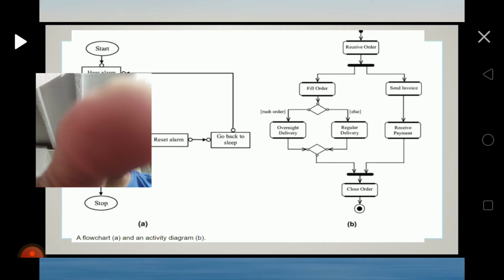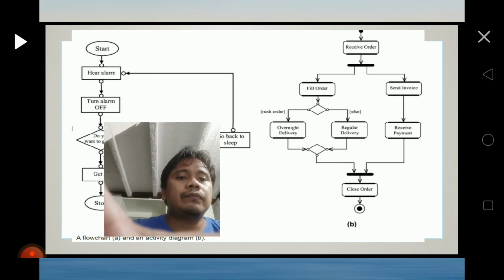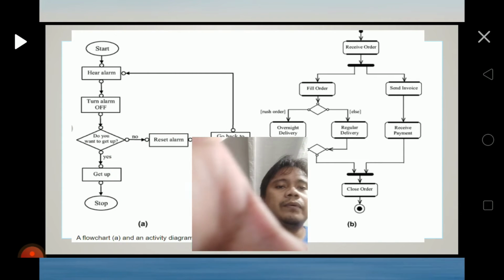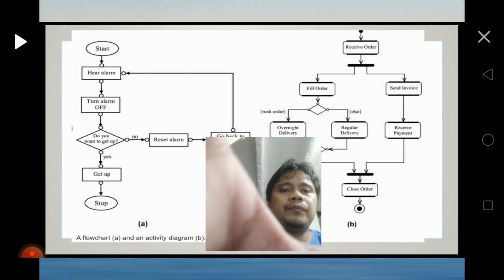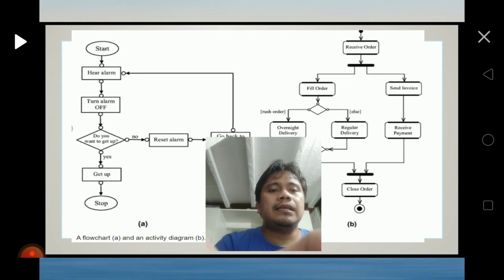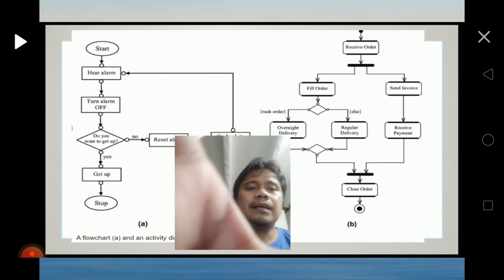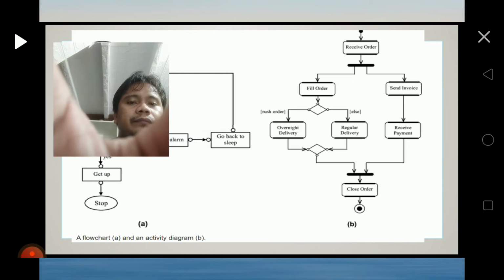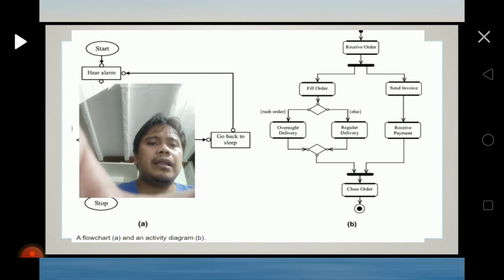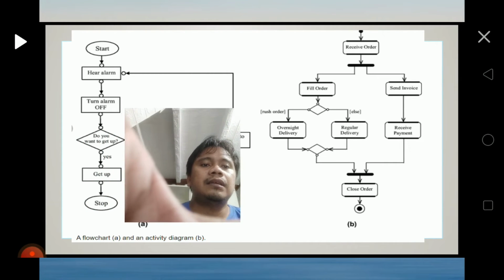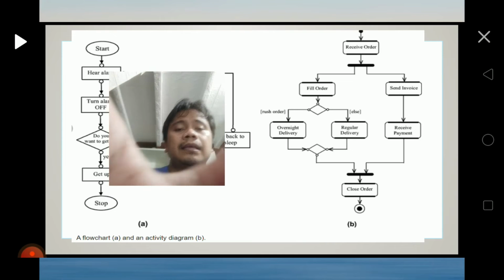On the other part, send an invoice and then receive payment, then close the order. If we look at the examples, they clearly show that an activity diagram is a more advanced flow than the flowchart.